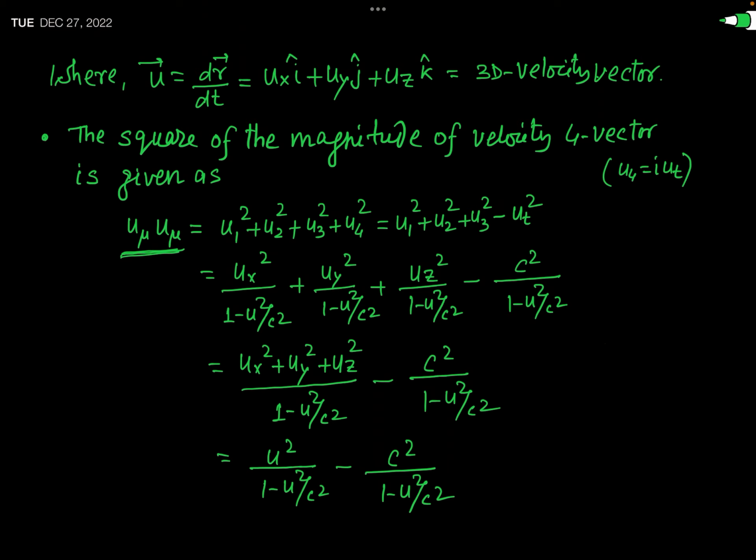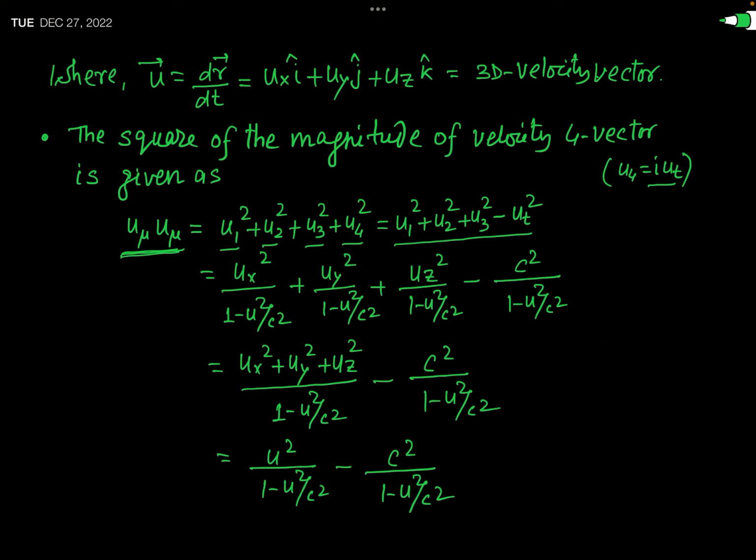So this u mu times u mu will be equal to u1 square plus u2 square plus u3 square plus u4 square. And if you write u4 equal to i times ut, then this u4 square will be i square ut square. But i square is minus 1. So this expression can also be written like this: u1 square plus u2 square plus u3 square minus ut square.